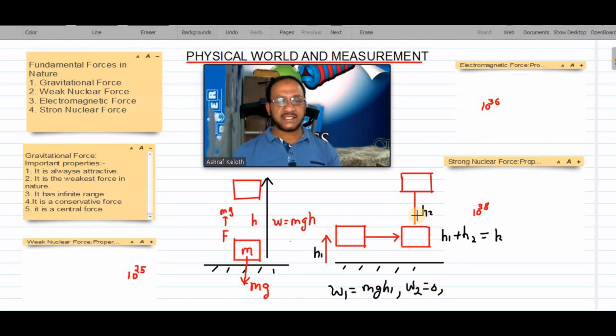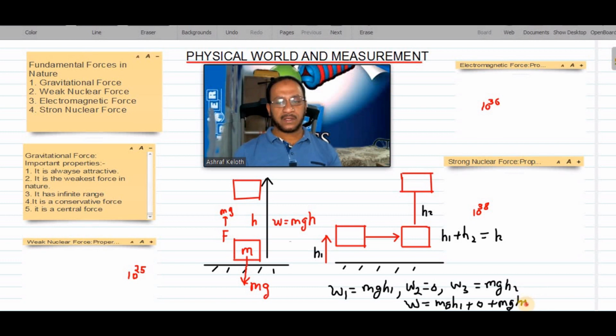And in the third case, when I am lifting from this point to here, the work done W3 will be equal to mg into h2. So the total work done in this process is W1 plus W2 plus W3. I can write W is equal to W1, which is mgh1, plus 0, W2, plus mgh2, that is W3.